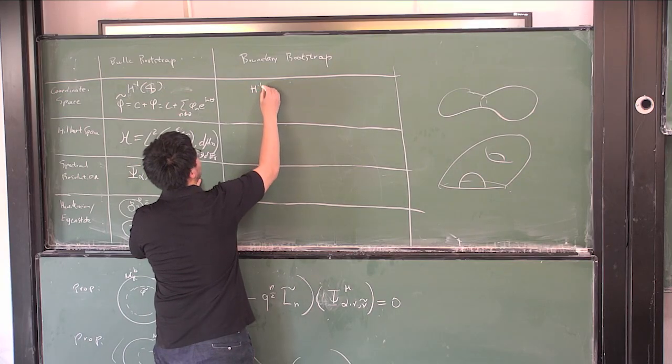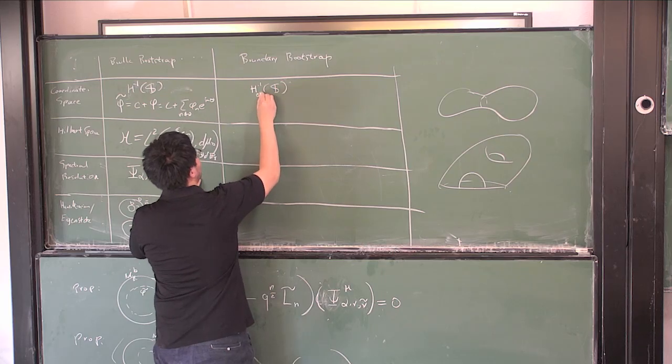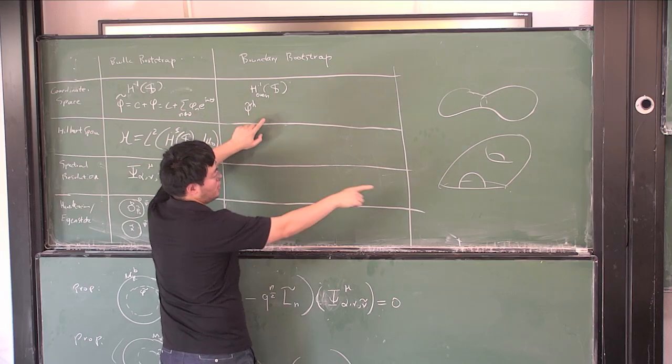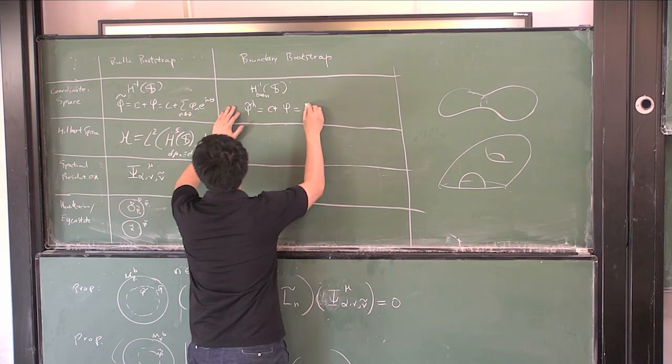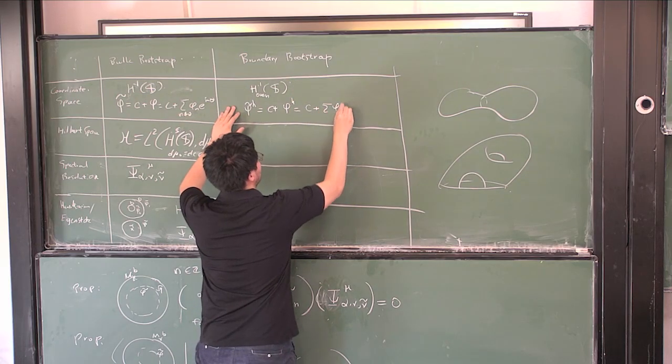The coordinate space is just the even functions, and φ̃_h, where h means the half circle. So the coordinate space is given by c plus φ equal c plus σφ on h.